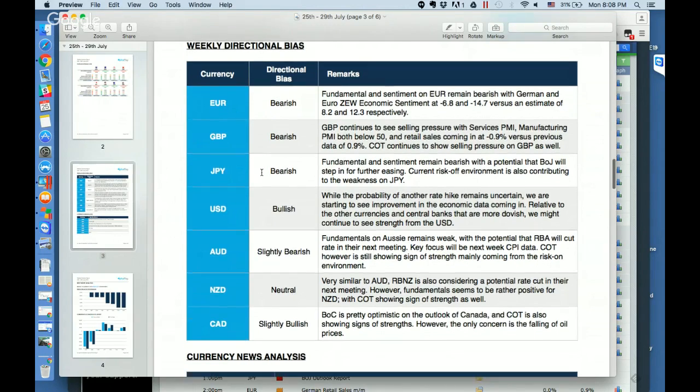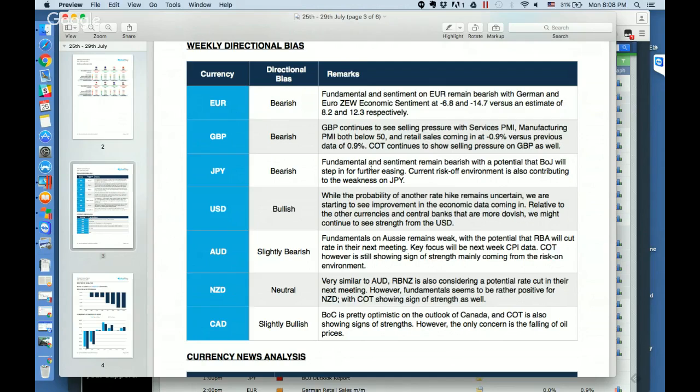For yen, this coming Friday we have the BOJ monetary policy statement. There's a high chance BOJ will stimulate the economy, either doing more QE or even cutting rates further. But we never know what BOJ will do. If we stick to the fundamental and sentiment aspects, we are still seeing bearishness on Japanese yen.